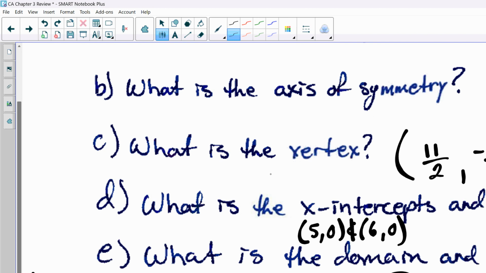Range. Since it opens up, we will have a minimum value, but we won't necessarily actually have a maximum value because, again, it continues indefinitely in the positive direction. Our minimum value is y value of the vertex.